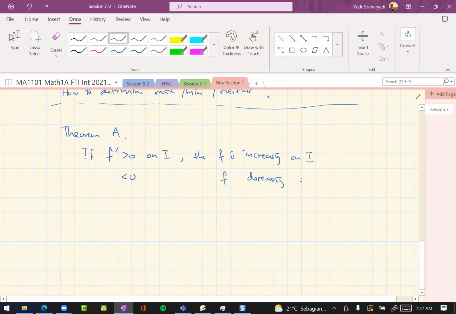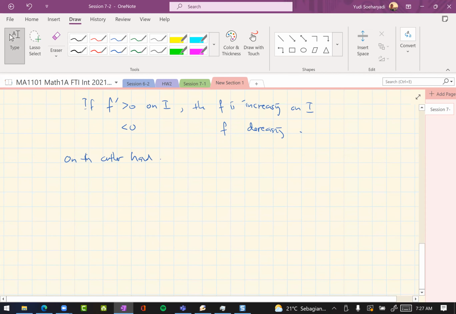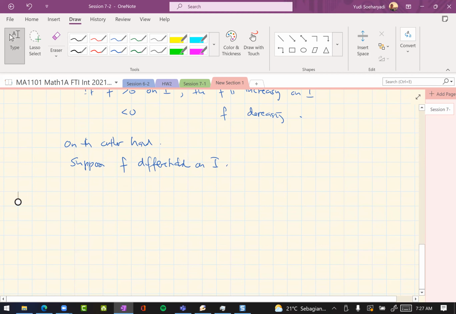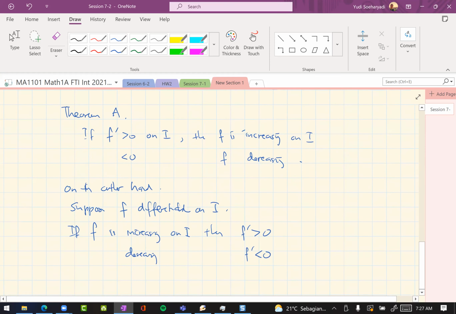On the other hand, we also have, if f is differentiable on an interval, and if f is increasing on this interval, then the derivative is positive, and decreasing, the derivative is negative.